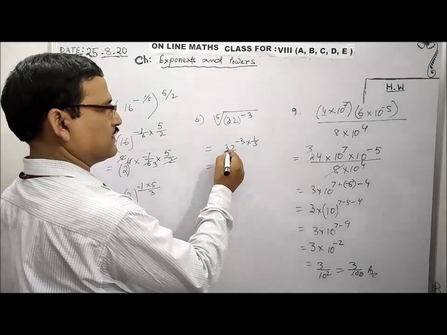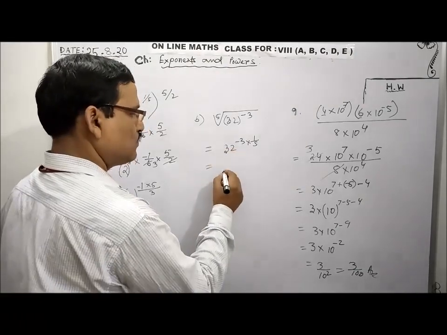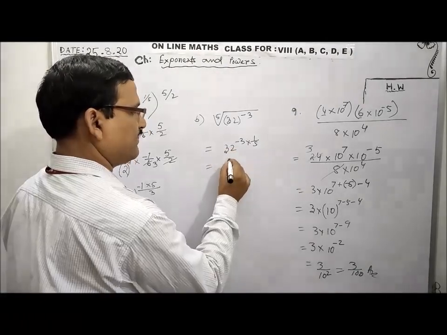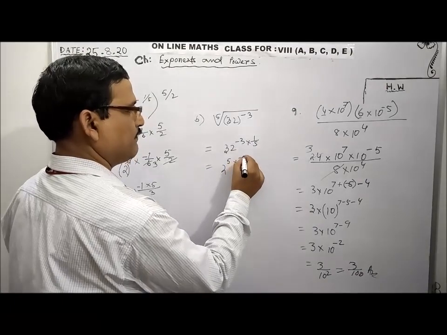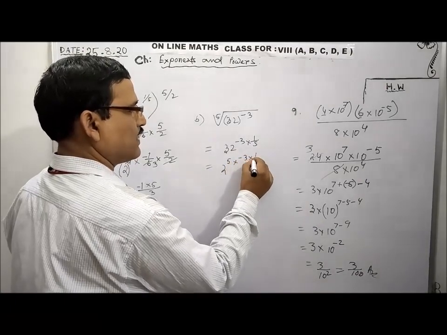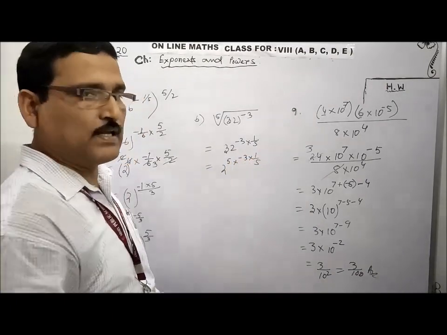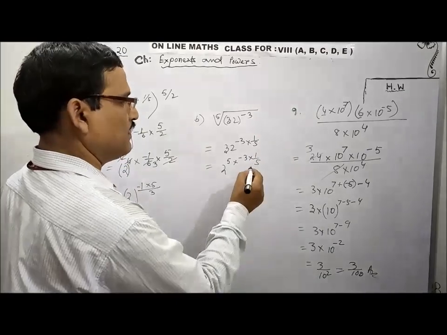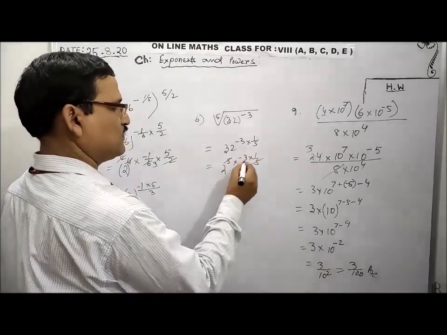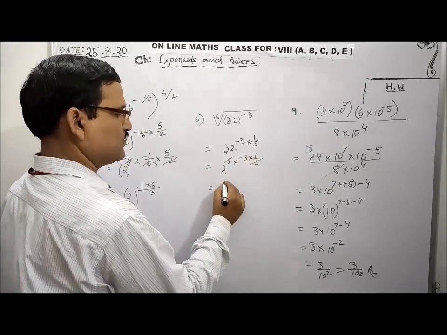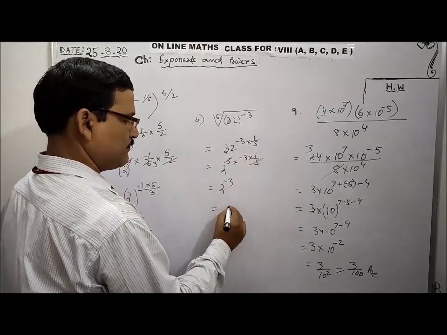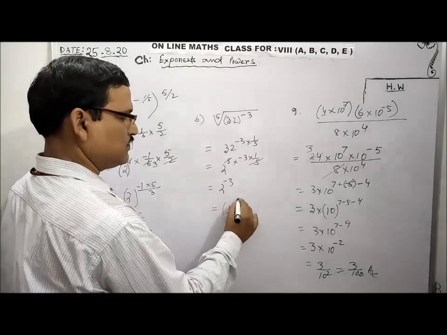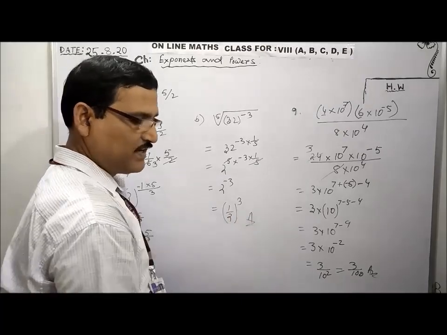Now I cannot cancel. 32, how can I write it down? 2 raised to 5 multiplied by minus 3 into 1 by 5. At least some sort of calculation will be there. 5 cancels, so it is 2 raised to minus 3, which is positive 1 by 2 raised to 3. Answer. Very interesting.